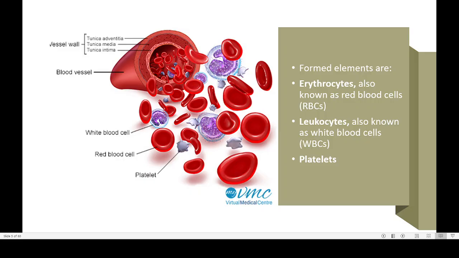Now one important feature of the RBC is that it is completely filled with hemoglobin. There is no nucleus. It is one of the very few cells in the body that does not contain a nucleus. So the nucleus is absent. What is the function served by the absence of the nucleus? Because RBC is designed as a structure to transport oxygen. If a nucleus is present, that will take up some space.